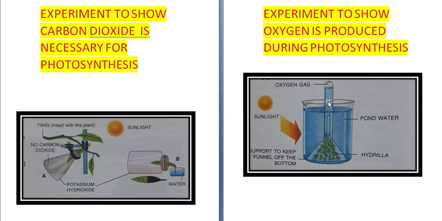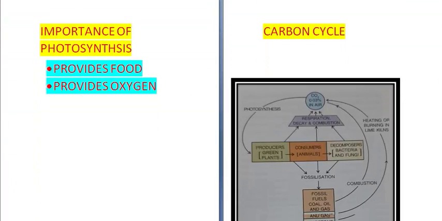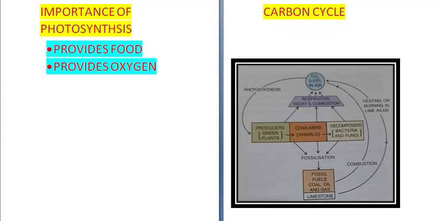Now next we come to the importance of the process of photosynthesis. Like I've already told you, photosynthesis is important because it provides food not just to the plants but also to all animals including humans. Every living organism depends on plants for food.